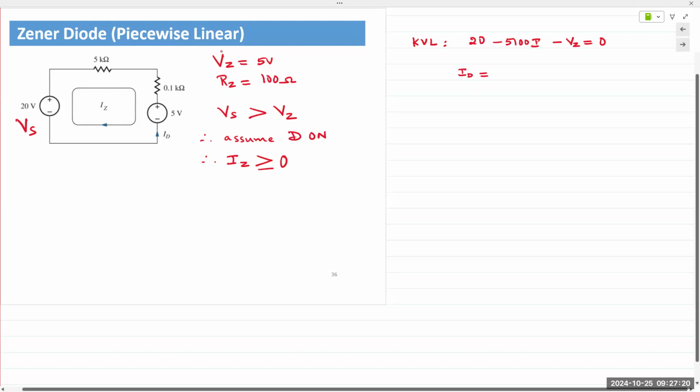So write down IZ is equal to 20 minus 5 divided by 5,100, which gives me a value of 2.94 milliamps.